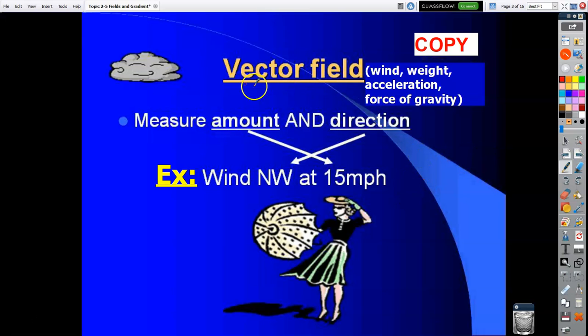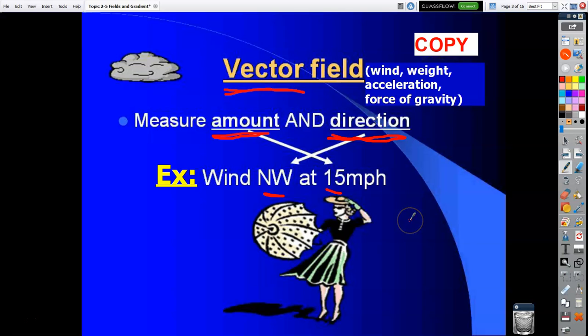The other type of field, and again, this is covered a lot when you take physics, is what's called a vector. A vector has to have 2 things. A scalar just has a number. A vector has a number, but it also has a direction. The best example of a vector field in earth science is the wind. Let's say it's a breezy, chilly day in Rhinebeck.